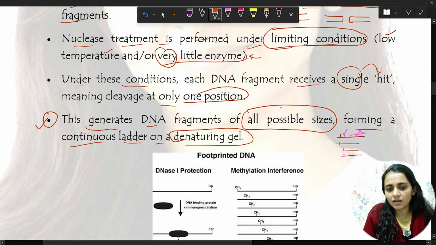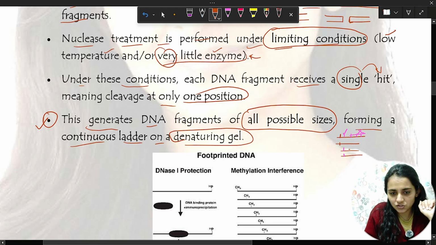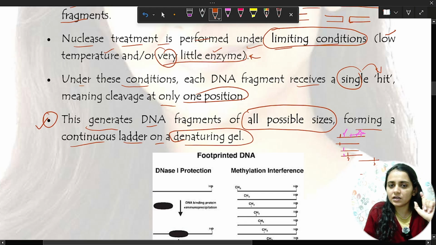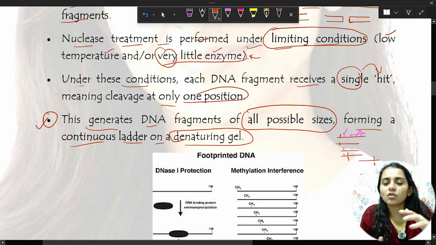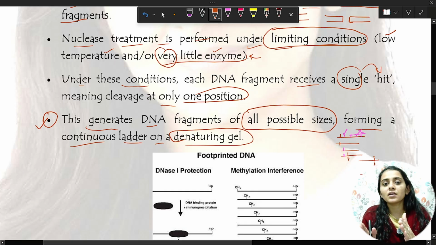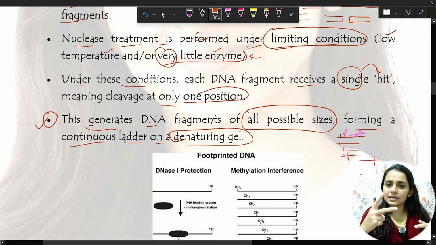Wherever the little enzyme amount finds a place to attach on a segment, that segment will be cut by the enzyme. If the enzyme is here, it cuts from here. If in some segment it is here, it will cut from here. So many fragments have different places on the strand with a single cut.